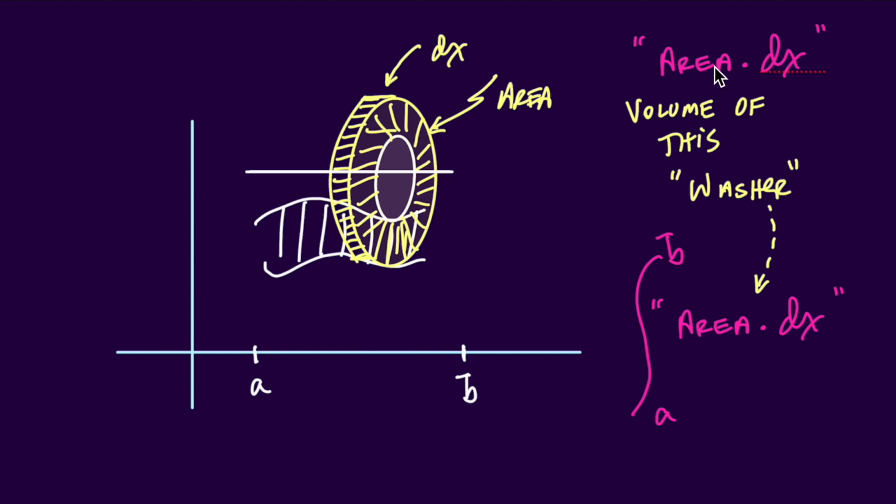It's the area times dx. We're going to get the area, take it through space. Here is the volume of one washer. And notice we now have 3 dimensions in this integral. 2 from the area and 1 from the width, the space that we're taking that area through.